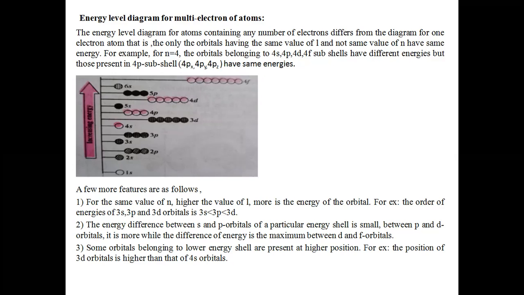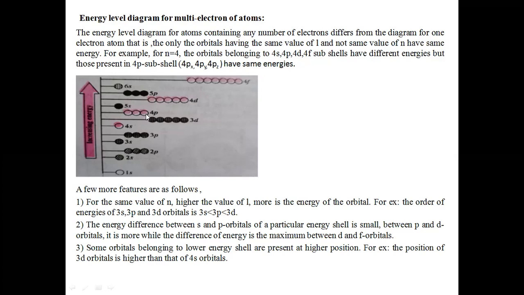But here in the multi-electron system, the 4s, 4p, 4d, 4f subshells will have different energies, but the orbitals which are present in the same subshell, for example the three orbitals px, py, and pz in the 4p subshell, will have the same energies.